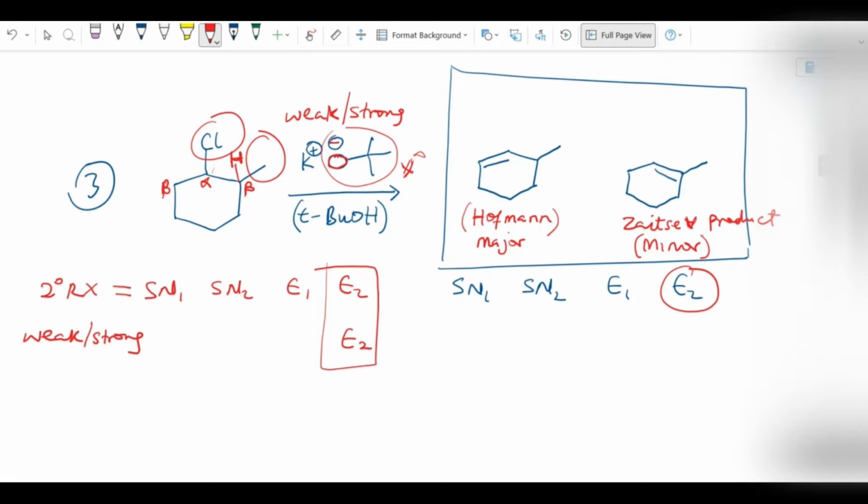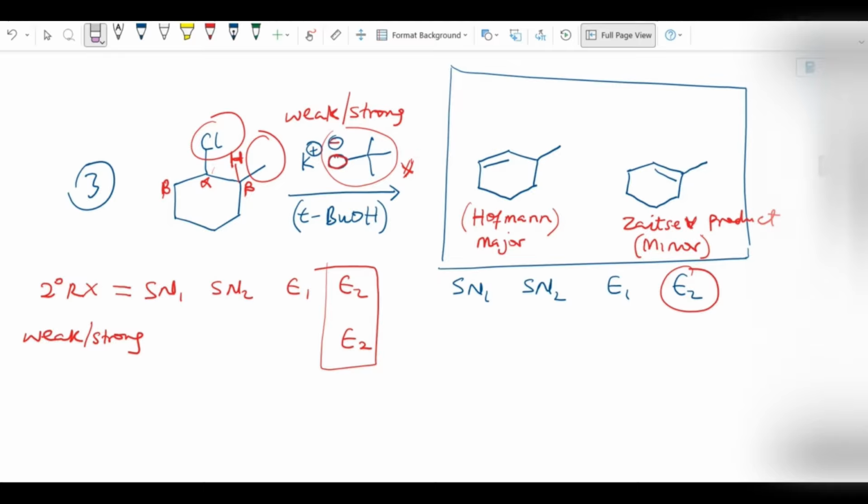Whenever regular bases are involved in an E2 reaction, they always want to form the Zaitsev product as the major product. The only exception is bulky bases like potassium tert-butoxide and LDA. Those will always form the Hofmann product as the major product.